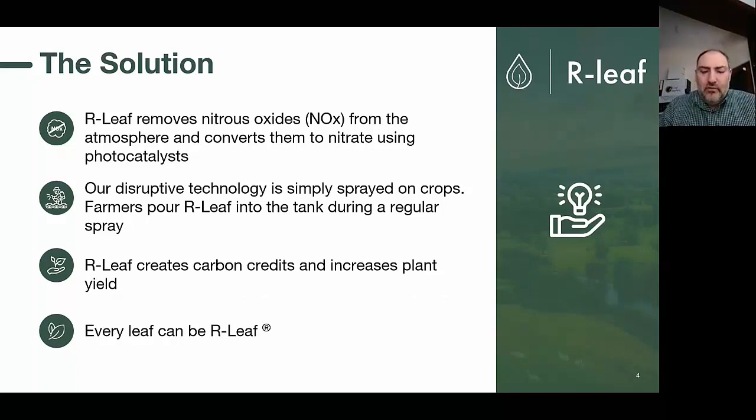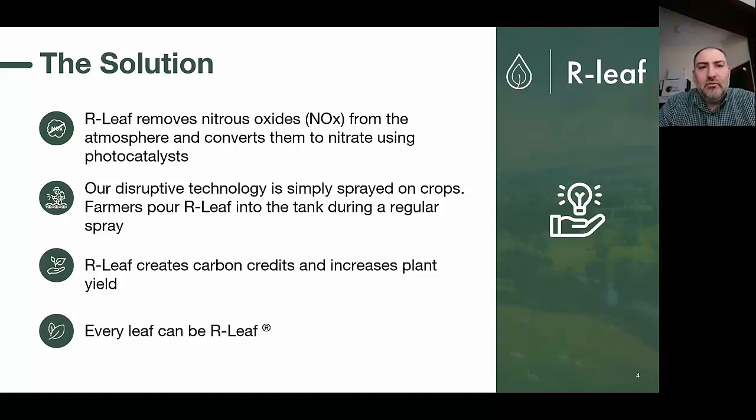The nitrate is built on that chemical structure. So as the nitrous oxide breaks down, the nitrates will be attached to that photocatalyst as crystals, basically. So we need a bit of moisture for these crystals to wash off or solubilize and be taken up by the plant.